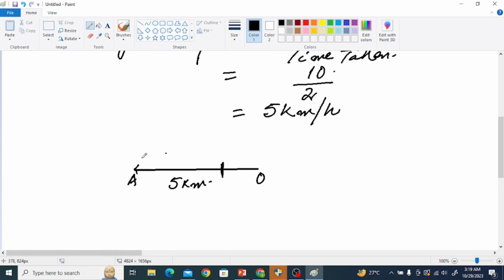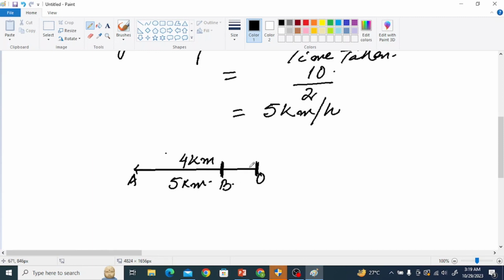So if this distance on his return journey is 4 kilometer, then this is his new current position, representing his displacement from the starting point, and you can mark it as B.